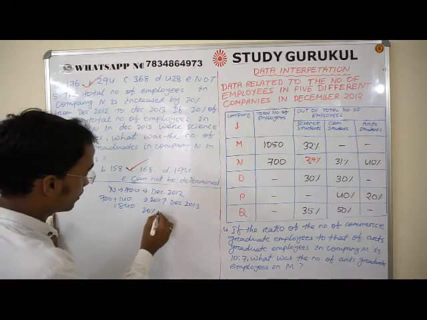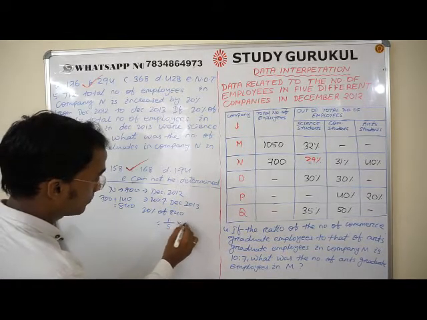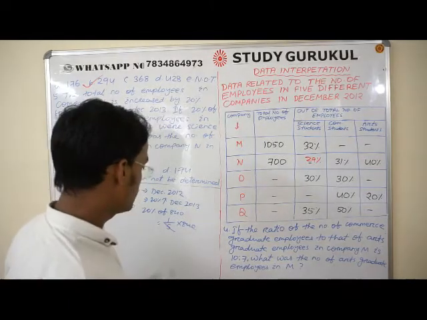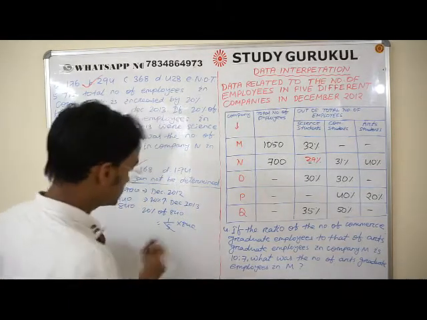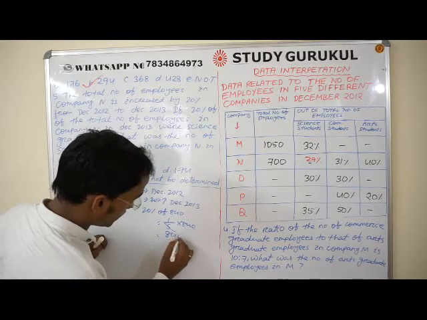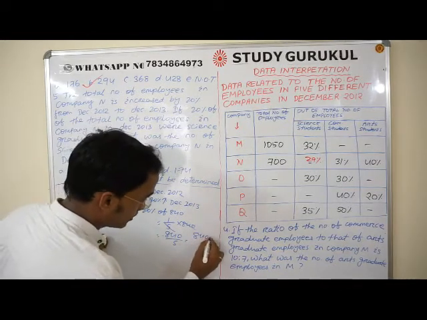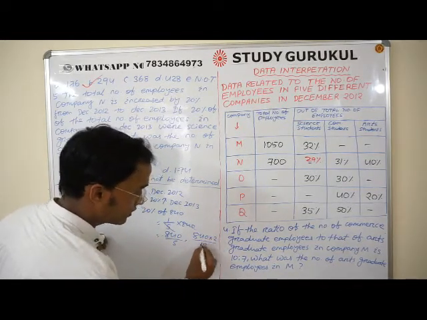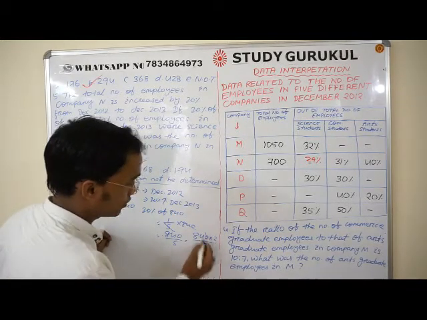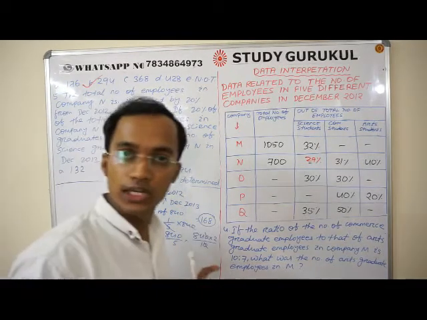So 20% of 840 means 1 by 5 of 840. If we cancel with 5, then you can solve. Otherwise, can we write 840 divided by 5 as 840 into 2 divided by 10? Same. Cancel 5, zeros cancel. So it equals 168. This is your answer.